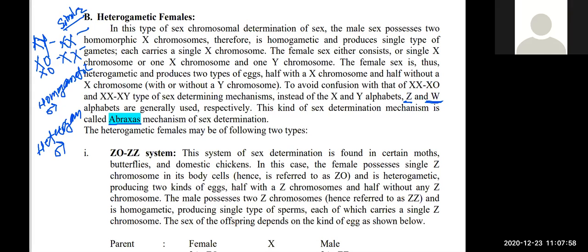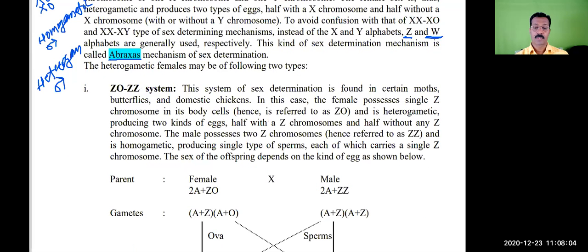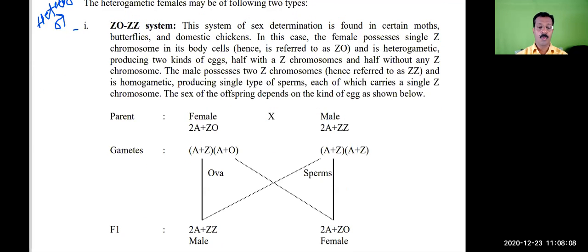Okay, so see, first case, in this case, the ZO to Z0 and ZZ system or type, in this type, the female shows female sex chromosomes, so Z0, and in the male it will be ZZ.